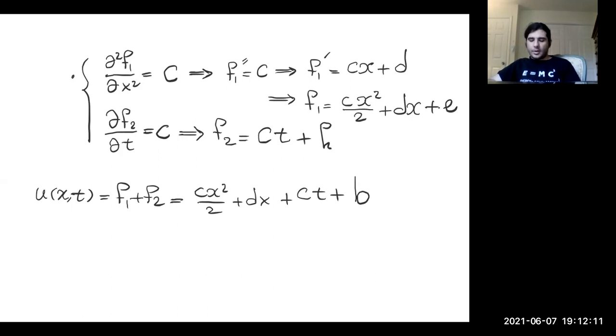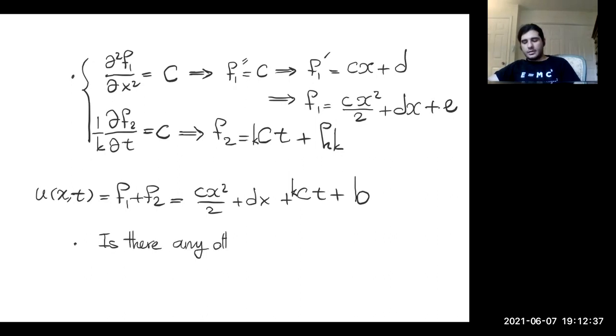I think it was 1 over K, right? So it would be Kc plus Kh. It would be Kct. So this is one solution to the equation we had, and we can just plug that into the equation. But the more interesting question is, is there any other solution?